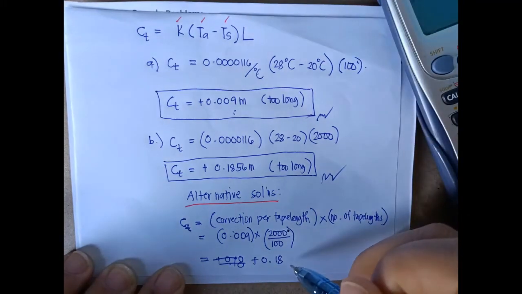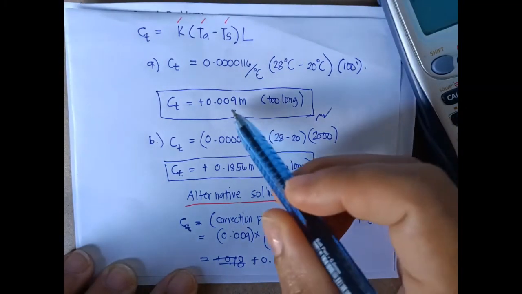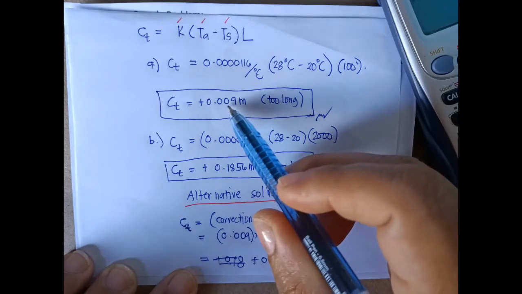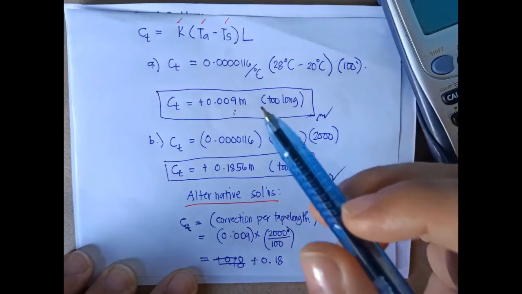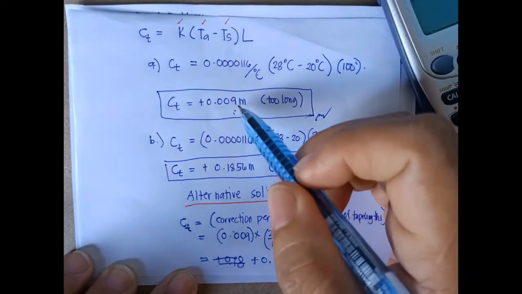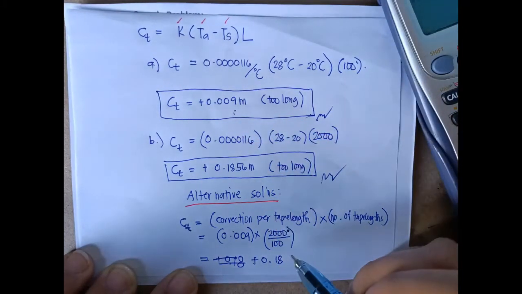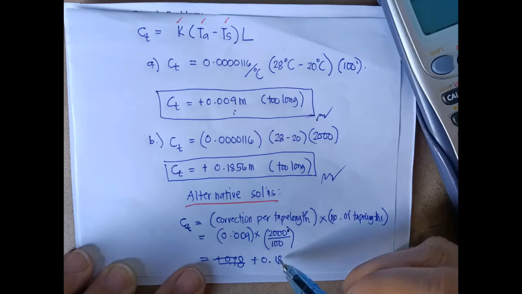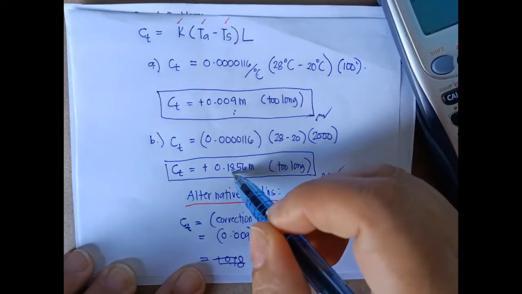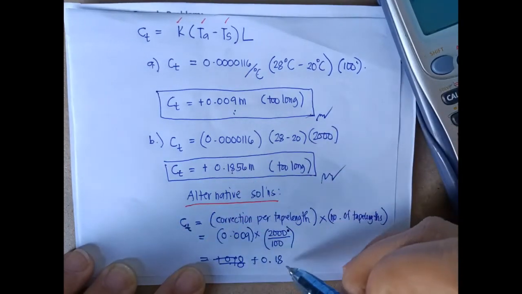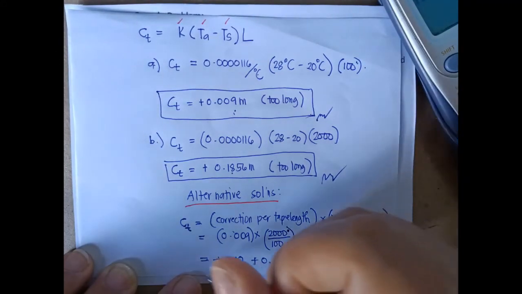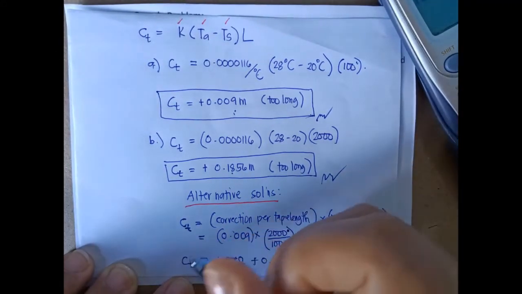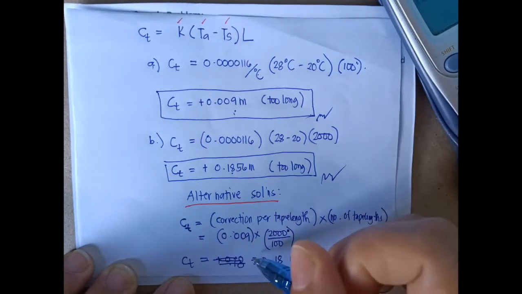There is a slight difference here because we rounded off 0.009 already. If we do not round it off, we will get a similar value. So this is also acceptable. Of course, we have the answer.